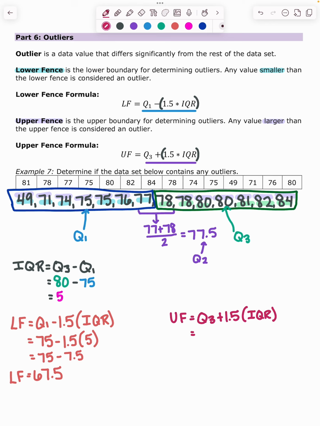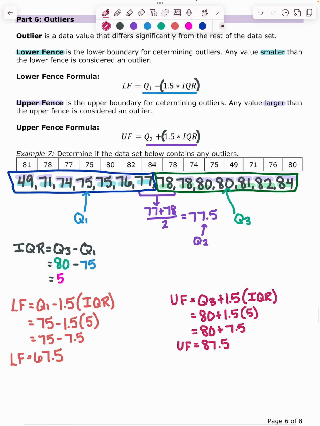So Q3, which we found is 80, plus 1.5 times 5. 1.5 times 5 didn't change, so that's still 7.5. It should be the same because I'm doing the same multiplication. And then 7.5 plus 80 is 87.5, and that is my upper fence.